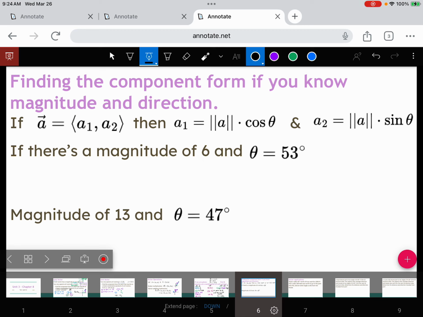If we are given magnitude and direction, so we know our angle and our magnitude, we can figure out the terminal point. That is our component form. Our x values are going to come from our magnitude times the cosine of the angle, and our y values are going to come from the magnitude times sine of that angle.